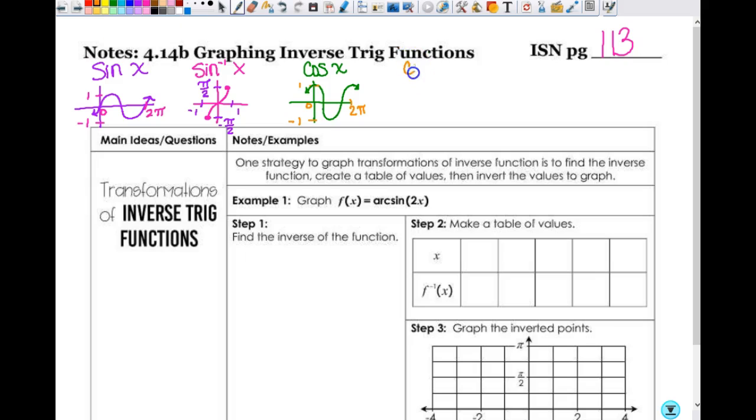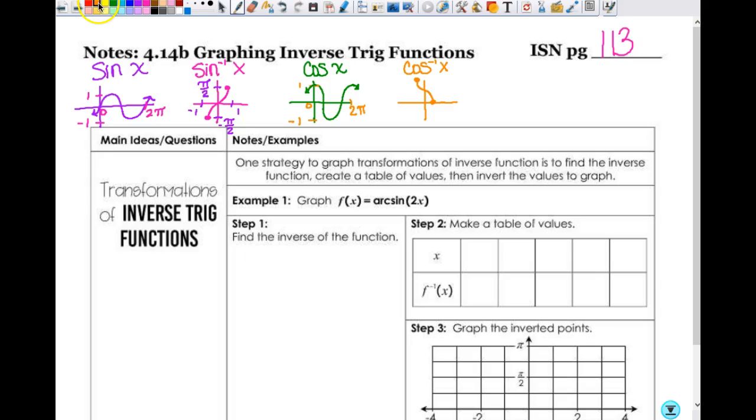For cosine inverse of x, then we would graph this. And again, these are points here. They are not arrows. So you can see from the graph that all of your outputs, all of your y values for cosine inverse have to be positive numbers or 0, right?